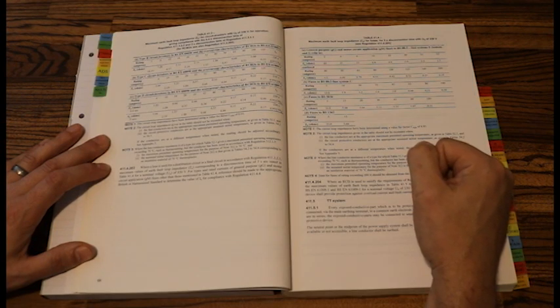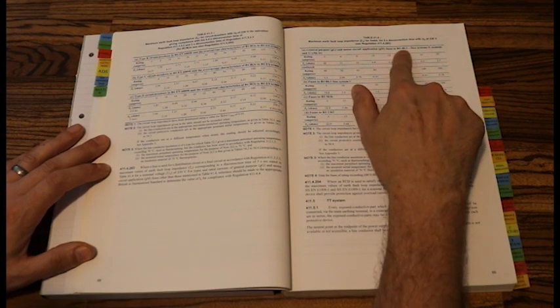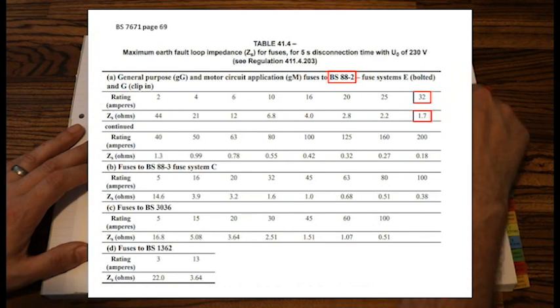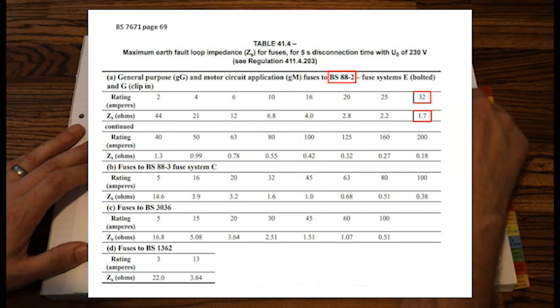Our IN, our protective device in this question, we had a BS 88-2 here, and it was 32 amps. So we read along the amp rating 32, and below it in ZS in ohms is 1.7.